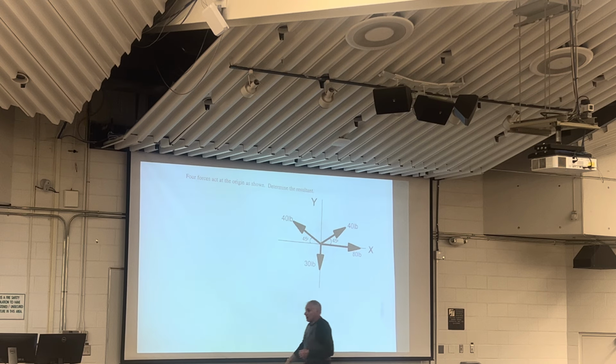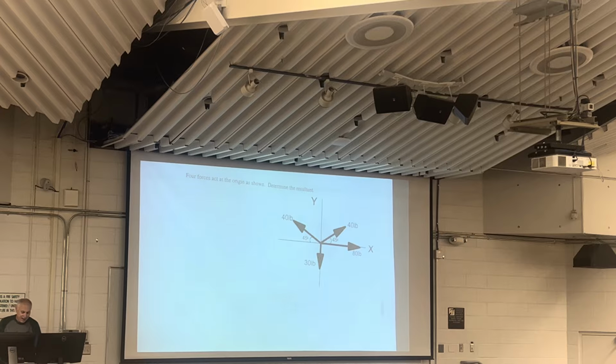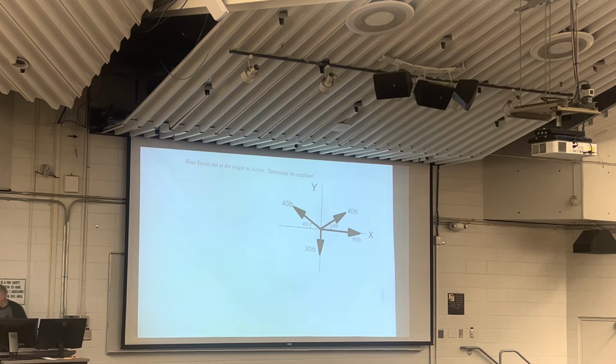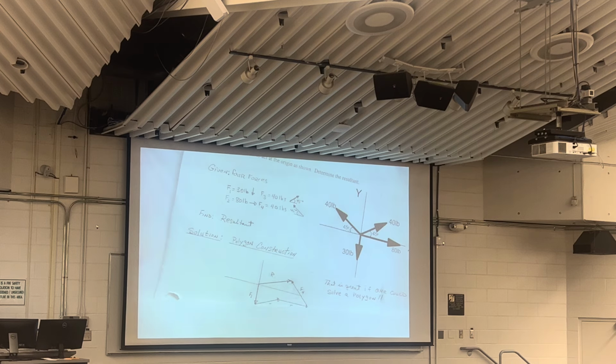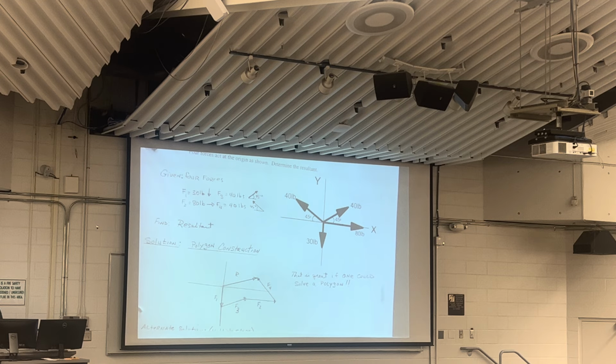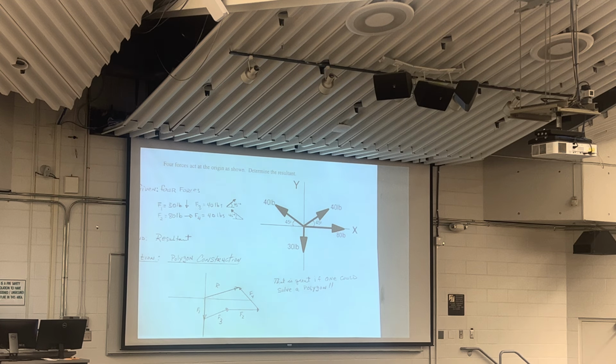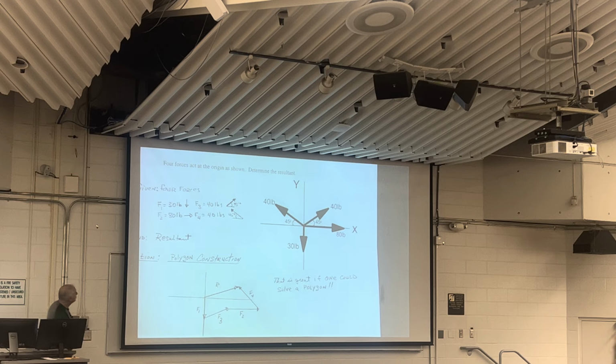All right, so I got this, and I've got 1, 2, 3, 4 forces. If I were to do this the way that you've been in essence taught, it would be this. By the way, notice, given, find, and so on.